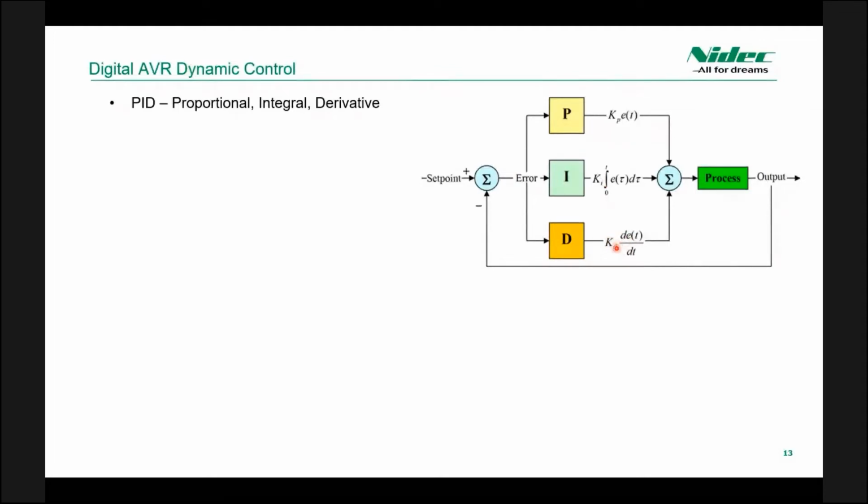So are we rapidly approaching the set point, or are we slowly approaching the set point? Are we rapidly deviating from the set point, or are we slowly deviating from the set point? Then all three of these workers will communicate to each other, I guess you could say, and their output will be summed together, and that is what will control the excitation of the generator.